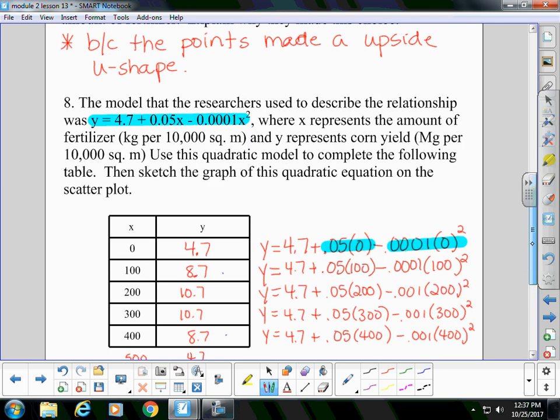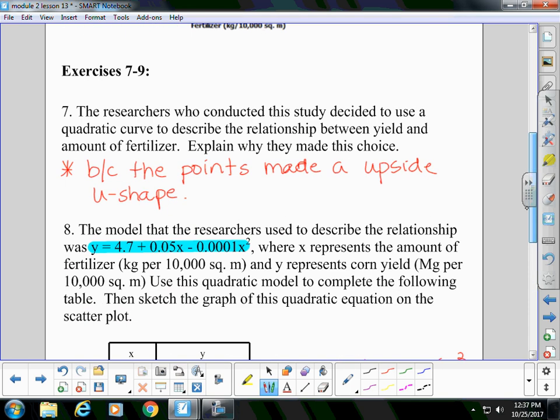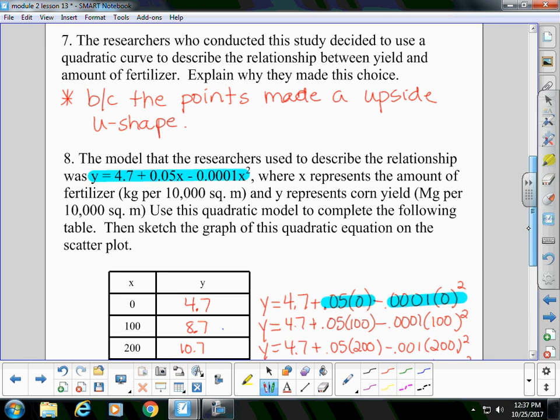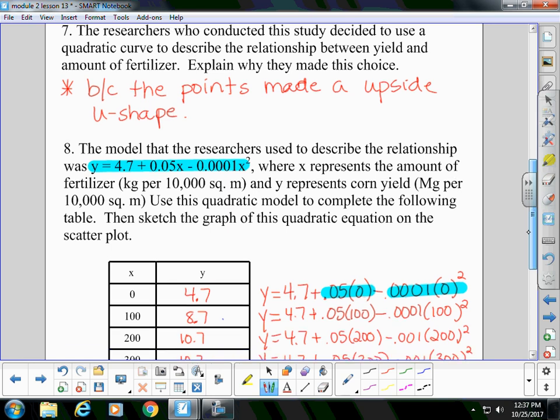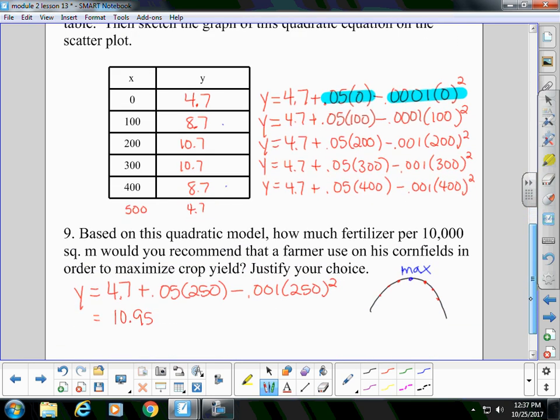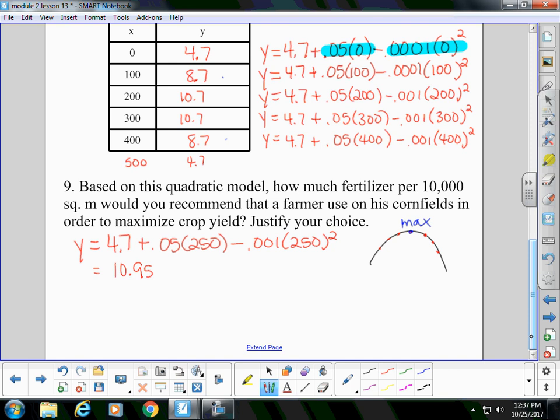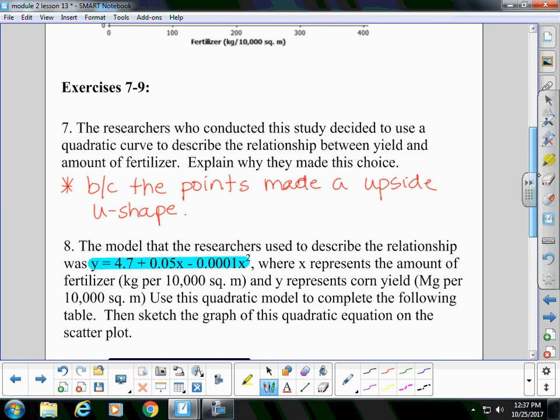It would be 10.95 milligrams per 10,000 square meters.